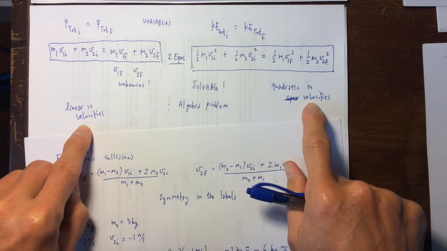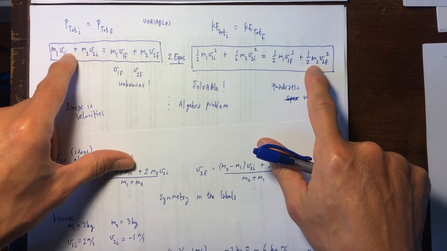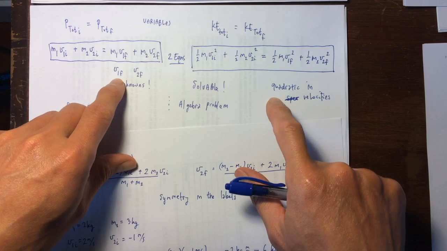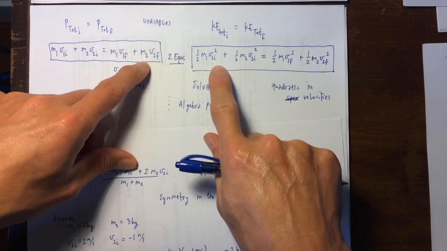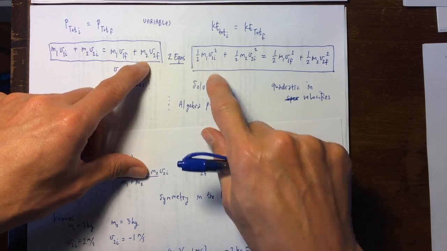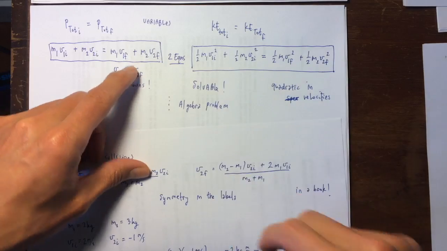That makes them seem extremely different, but they are in fact different relationships. So they are in fact linearly independent. So they're genuinely two separate equations that are linearly independent with two unknowns.